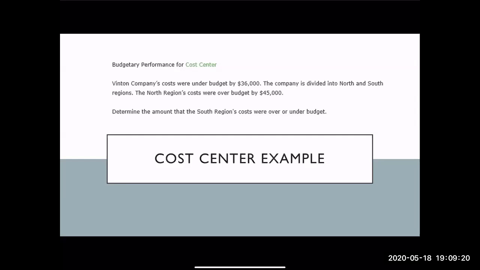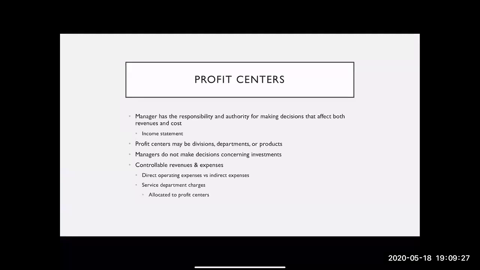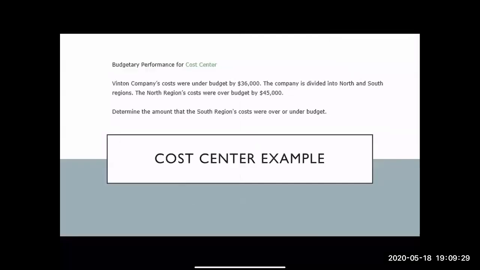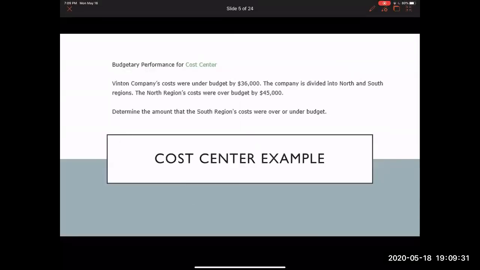So it's asking you to determine the amount that the South region costs were over or under budget. Okay, all right, let's see. With this video, I'm going to take a pause and let you guys work through this. Let me know what answer you come up with, or if you can, how did you come up with the answer? Okay, and then I'll pick this back up in the next video.